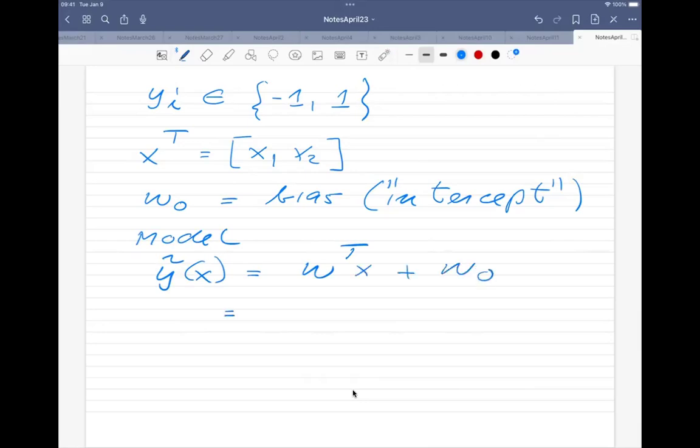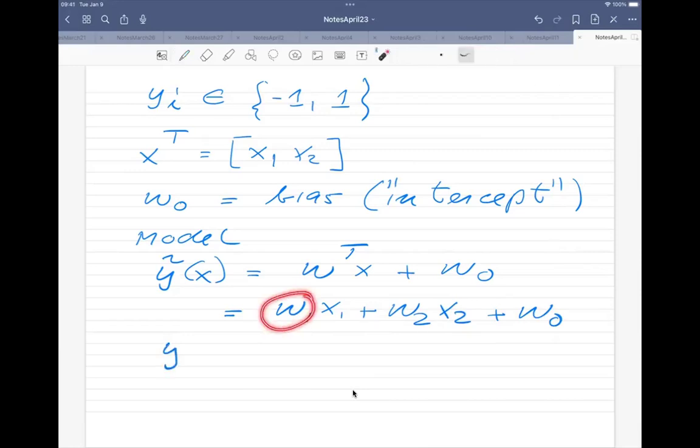If we write it out, this is simply an unknown parameter w1 multiplied with the feature x1, plus an unknown parameter w2 multiplied with the feature input x2, plus this w0, which plays the role of an intercept. So what we are going to train now is a model where we find these unknown parameters, w1, w2, and w0.